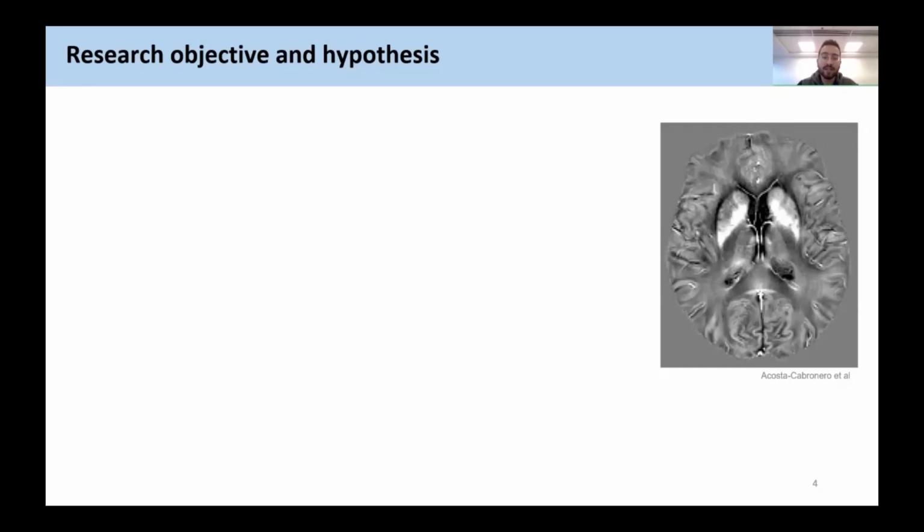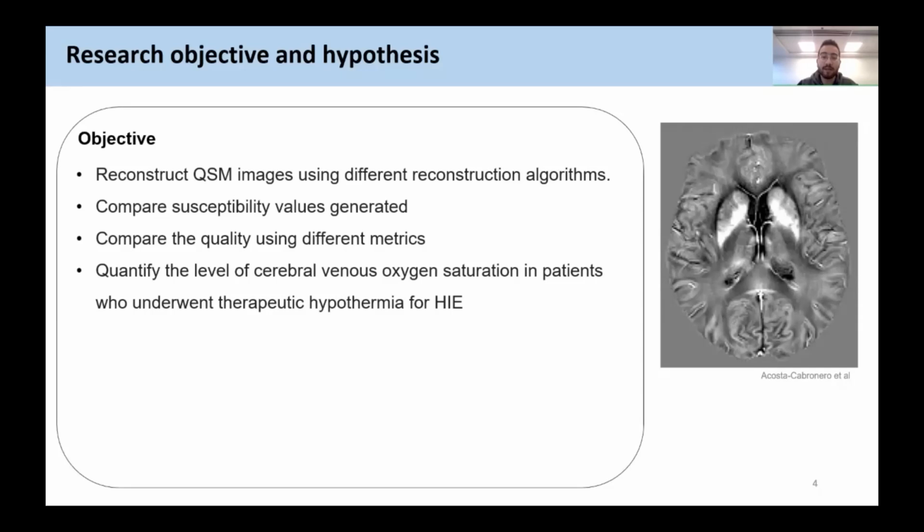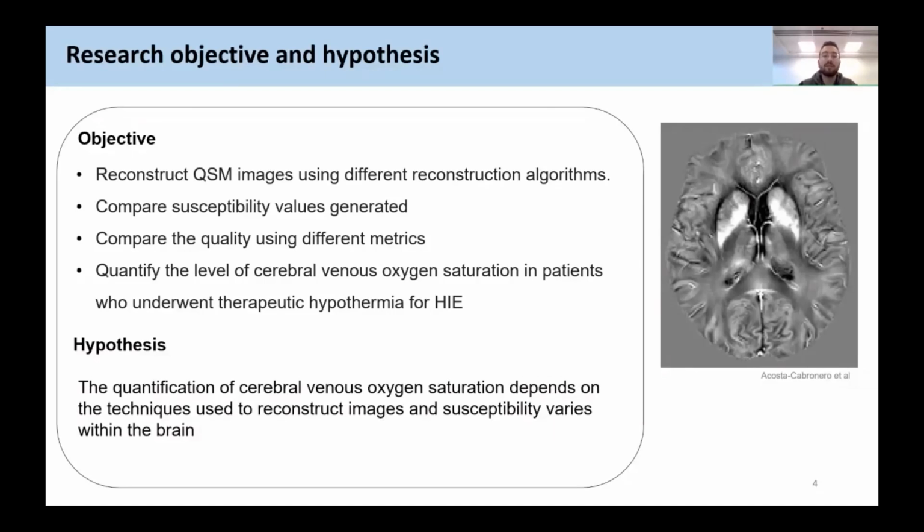So in this presentation, we aim to reconstruct QSM images using different reconstruction algorithms, compare the susceptibility values generated, compare the quality using different metrics, and quantify the level of CSvO2 in patients who underwent hypothermia for HIE. We think that the quantification of CSvO2 depends on the technique used to reconstruct images, and the susceptibility values may vary within the brain.